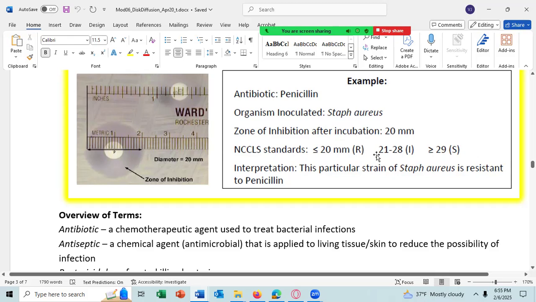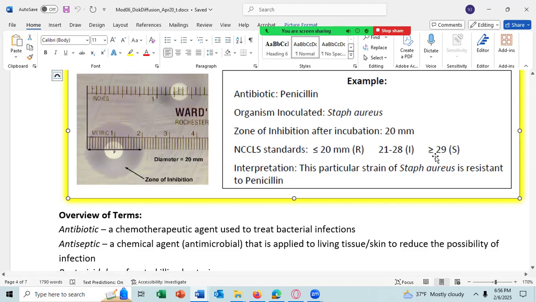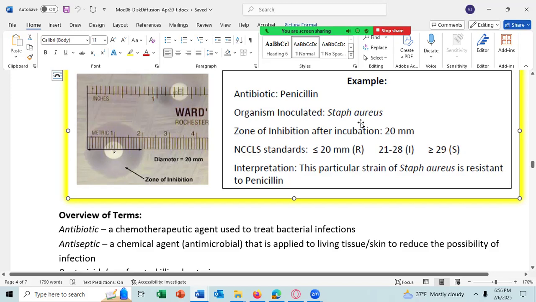And in between, meaning 21 to 28 millimeters, you say that the bacteria, Staphylococcus aureus, is intermediate to penicillin G. So in this table, we'll have each species of bacteria and each antibiotic, and then there will be probably 3 entries in the table: one for the size of resistance, smaller or equal to, it's resistant, and then greater than 29, it's sensitive to that antibiotic, and if in between, it's intermediate.